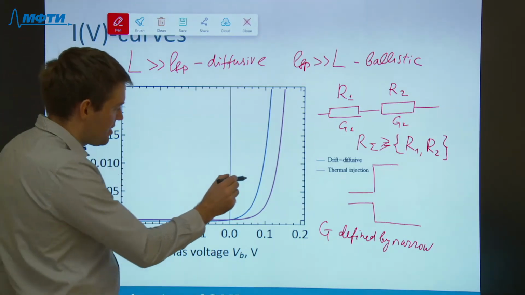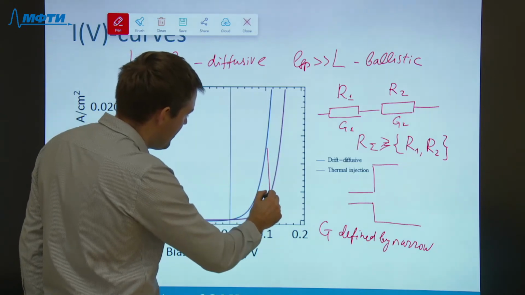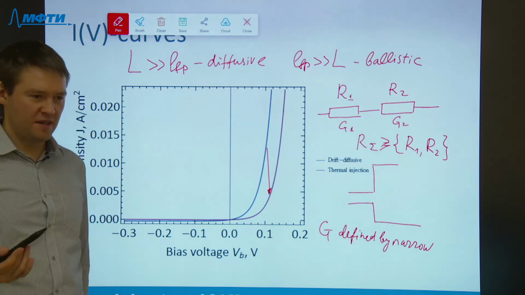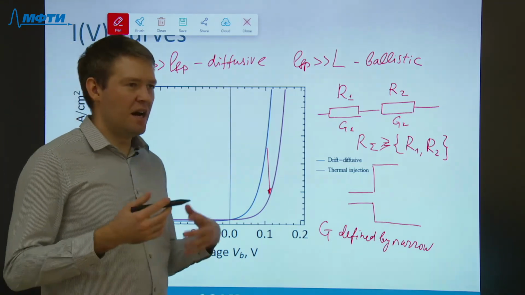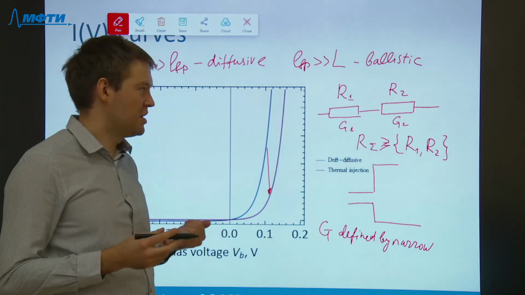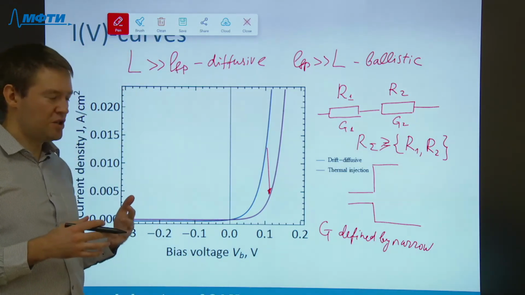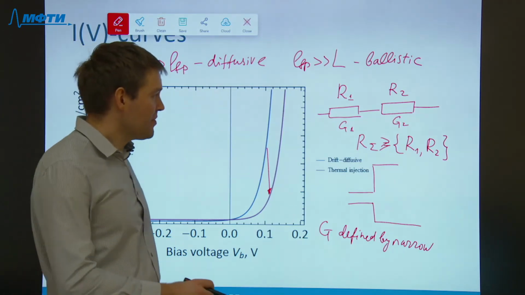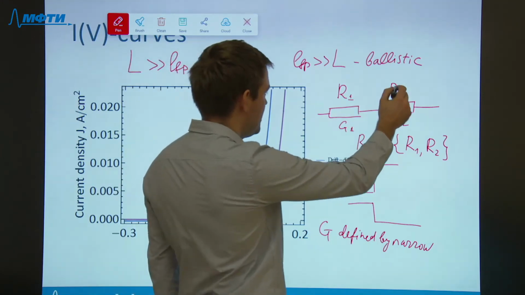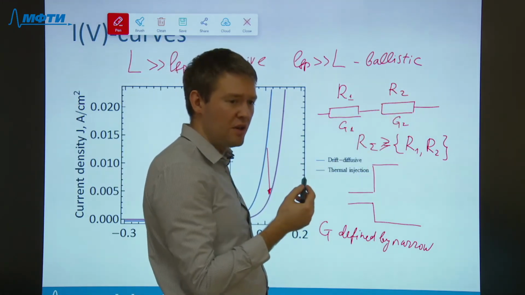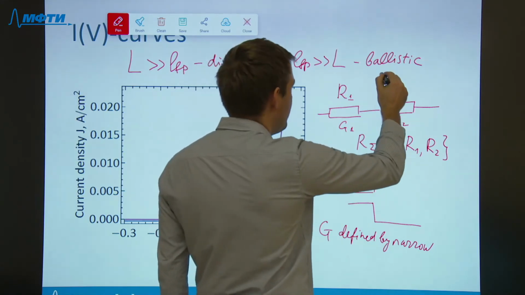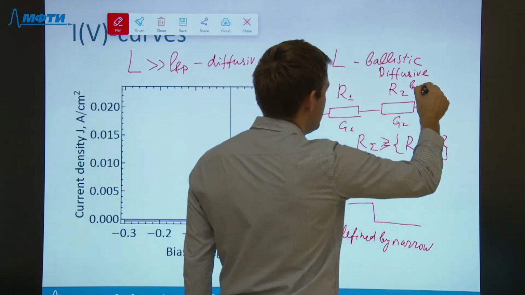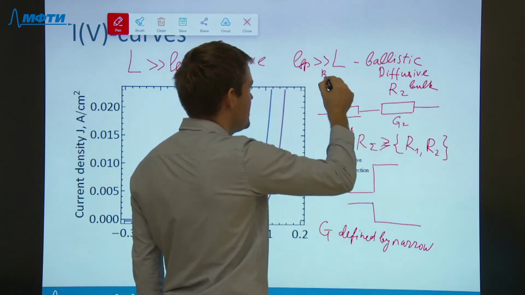Then the full current would definitely be that given by the poorest of the models. So the toughest section for the conduction would determine the conduction of the structure on the whole. So we can think that our Schottky device is a sequential combination of a bulk that is limited by diffusion, so a diffusive bulk, and some ballistic boundary.